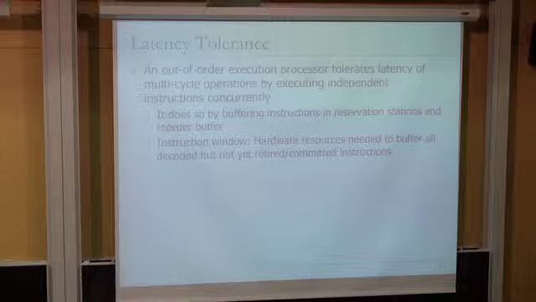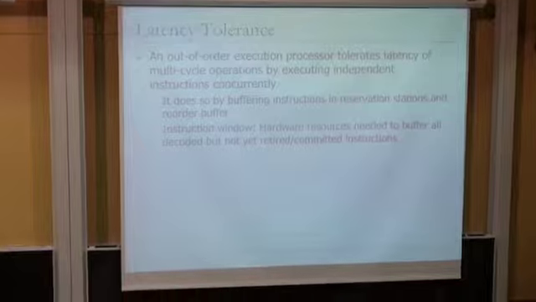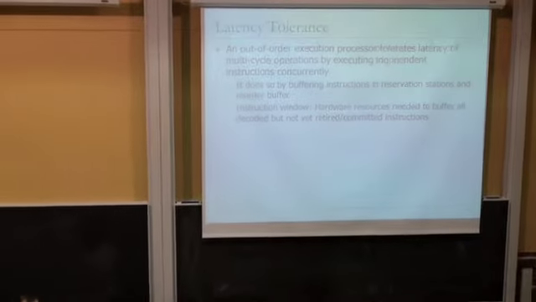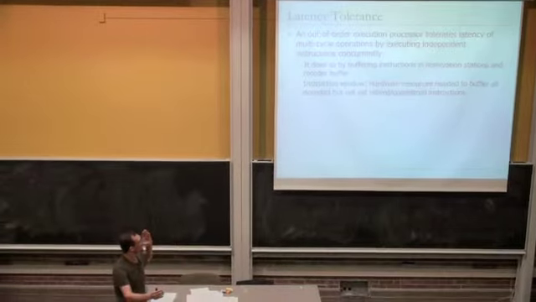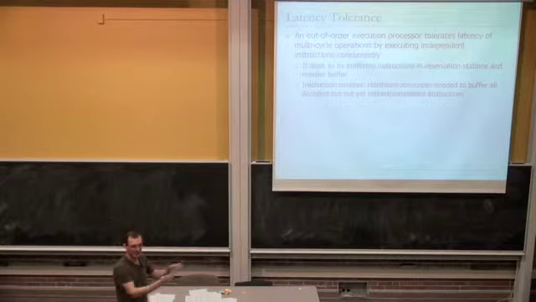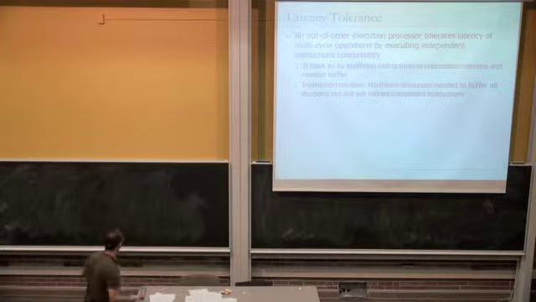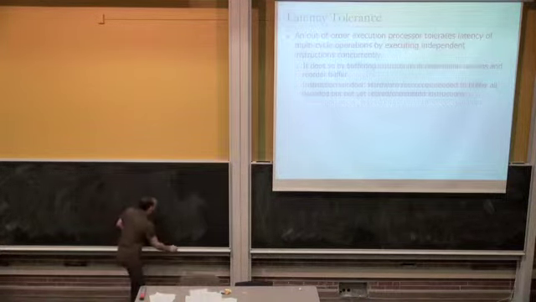Which means that it has executed and it's the oldest one. Why? Because we want to support precise exceptions, right? Does that make sense? Which means that the processor needs to buffer all instructions that have been decoded and have not yet retired. That's the window, if you will, that the processor looks into the future.